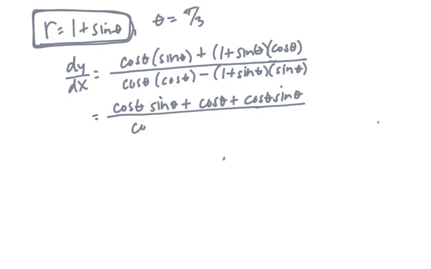Now in the denominator we have cosine squared theta minus sine theta. Don't forget to distribute the negative. Minus sine squared theta. So we're looking at pi over 3.